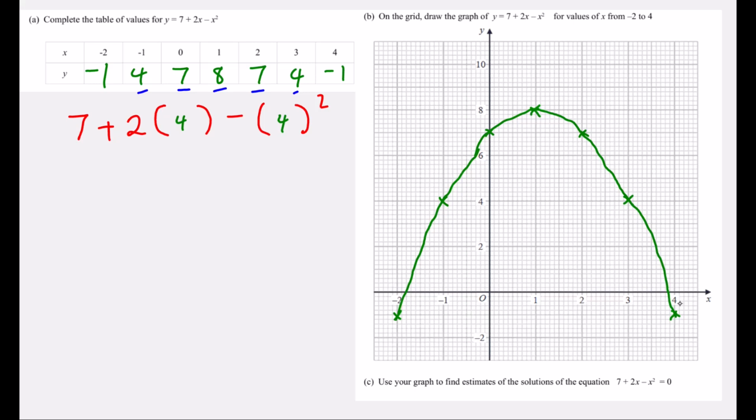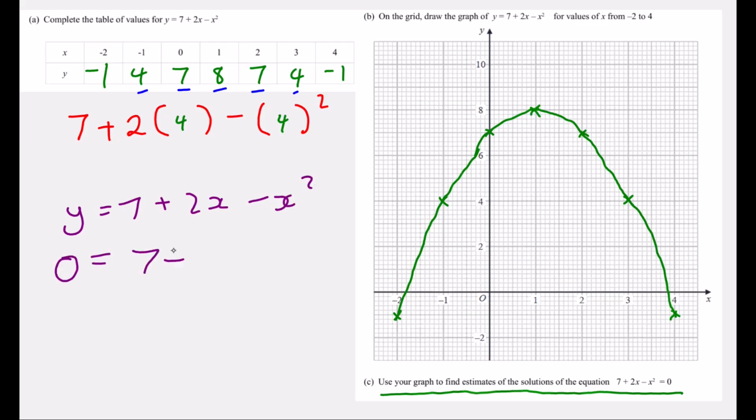So it looks like that. And that's our graph. Use your graph to find estimates of the solutions to the equation 7 plus 2x minus x squared equals 0. So our original was y, our graph is this, and we want the solutions to this. So we can see that y has been changed into 0.